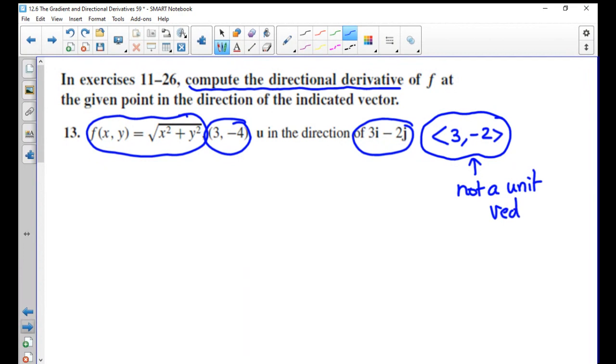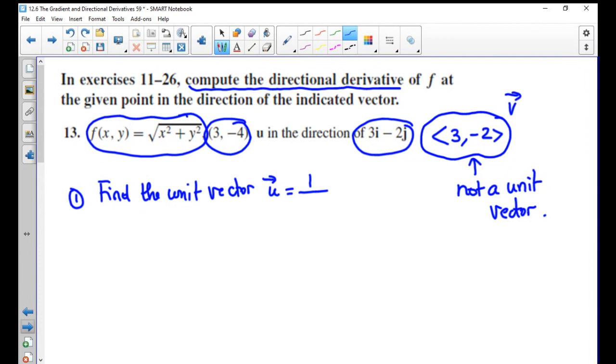So therefore, your first step here is to find the unit vector. So u will be 1 over, so here is the vector v. You need to find the unit vector in the direction of the vector v.